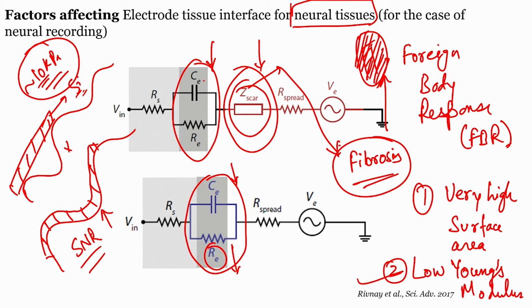leakage resistor. This can also be added with materials which are known to have very high surface to volume ratio, which is something like nanomaterials. So let us say you have carbon nanotubes or graphene. These materials have very high surface to volume ratio.